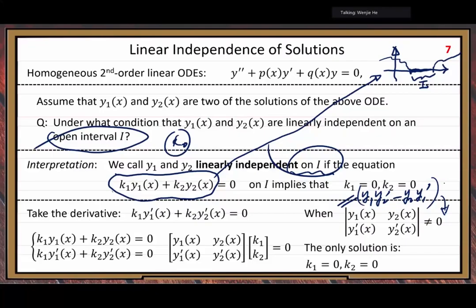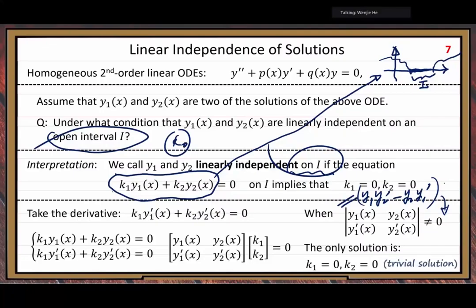If it is non-zero, then the 3 solutions form a basis and are linearly independent. That's the Wronskian. The n by n case is also true.